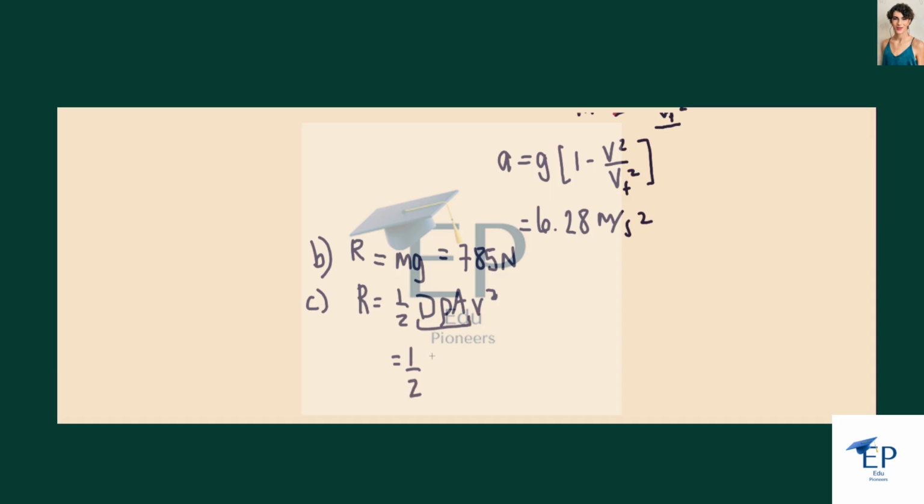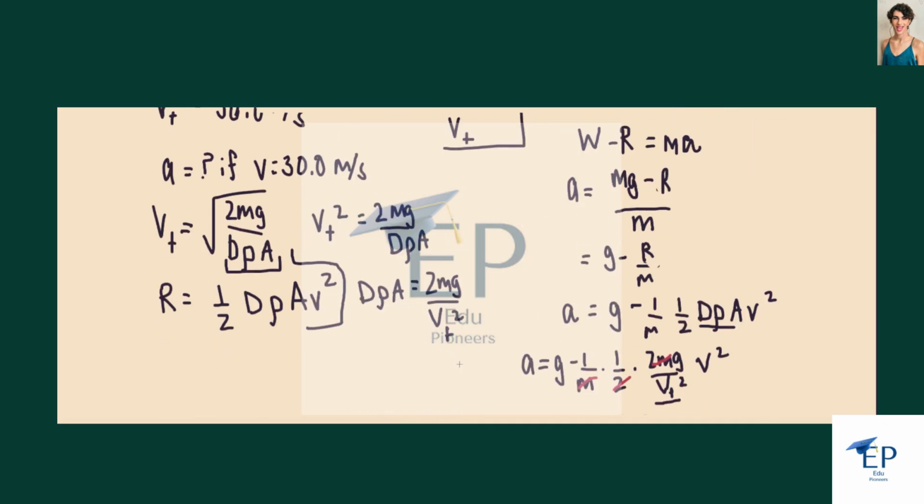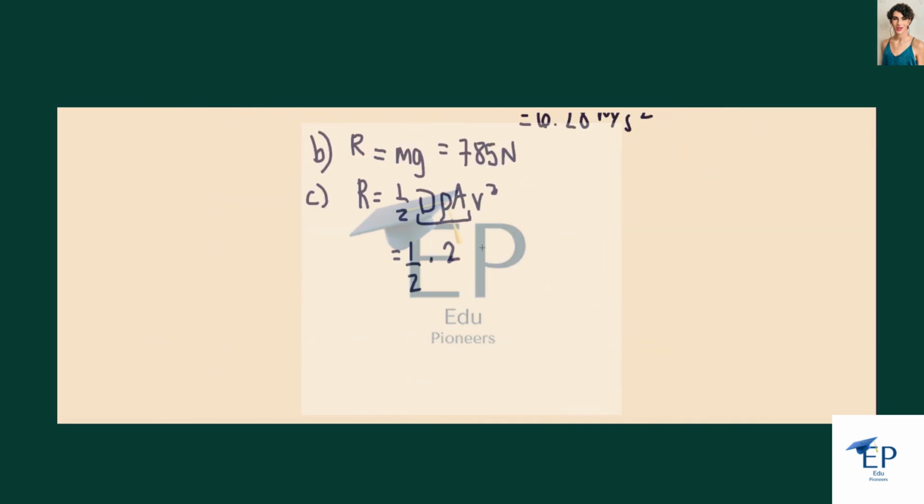So 1/2 times 2mg over vt squared times v squared. Those cancel, and we get something with the units of force, which is good. So it's 80 times 9.81 times 30 squared over 50 squared. With that, I get 283 newtons. And both of them are acting upward.